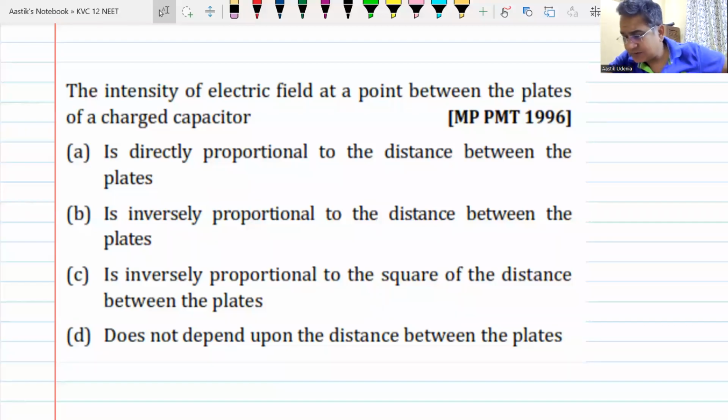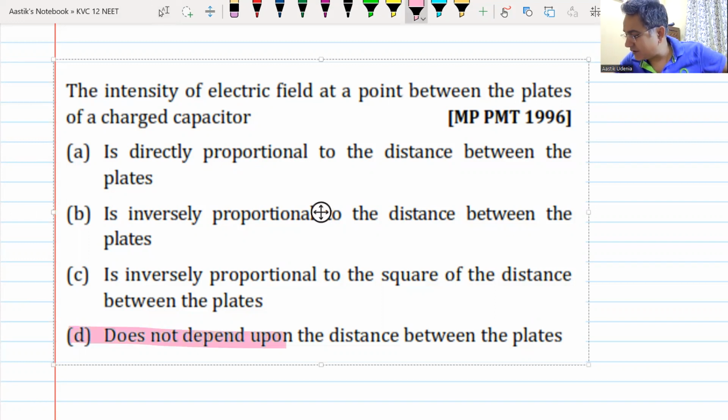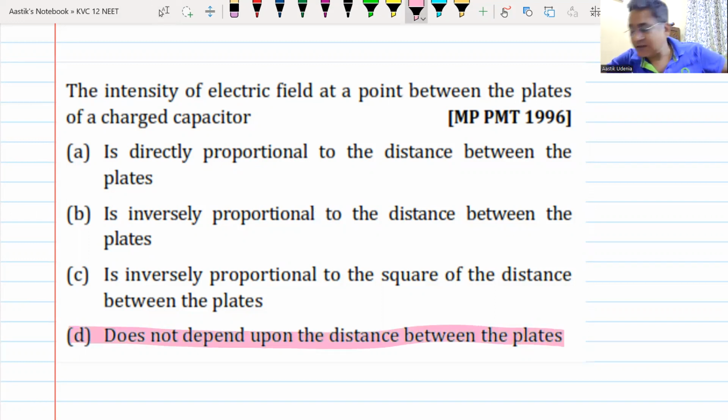What answer were you saying? Option B, sir. Abhiram is correct this time. It does not depend upon the distance between the plates. It is constant. Capacitance is inversely proportional to the distance, not the electric field, my dear friends.